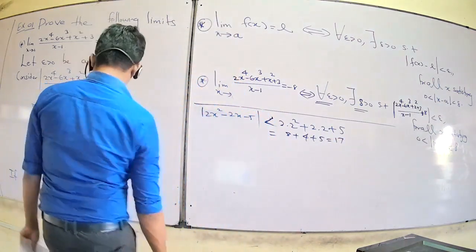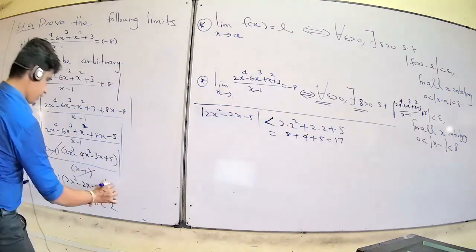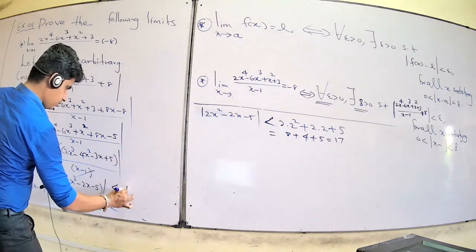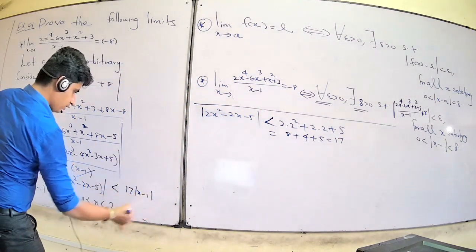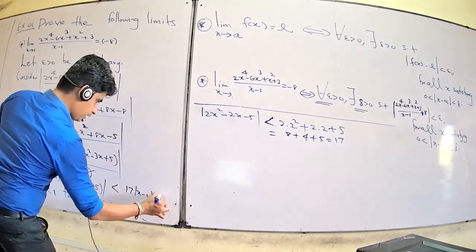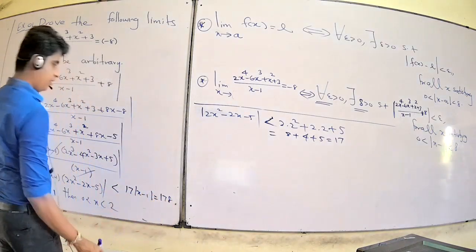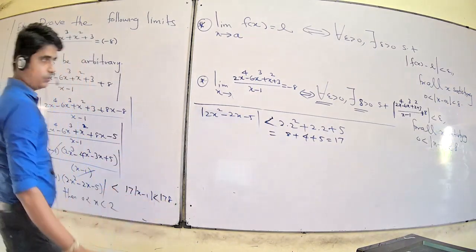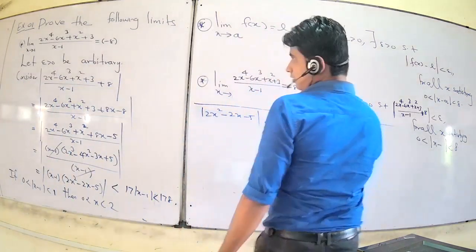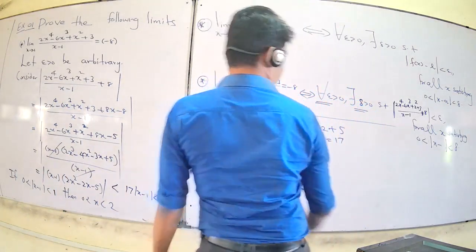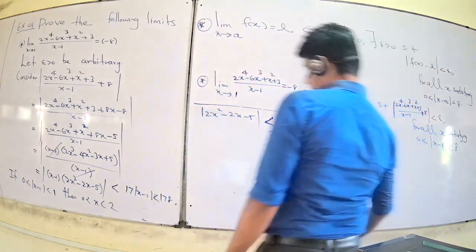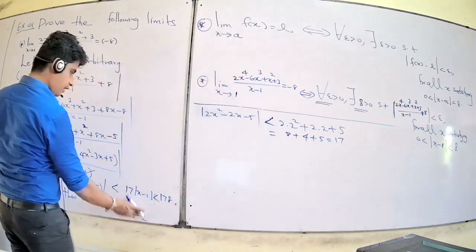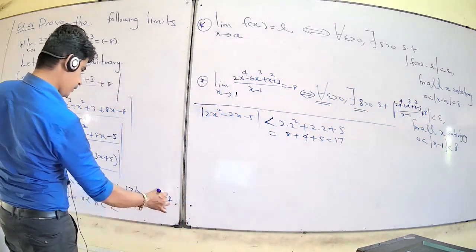Therefore, this one is less than 17 times modulus of x minus 1. We already have that modulus of x minus 1 is less than delta, no? This one is less than 17 delta.